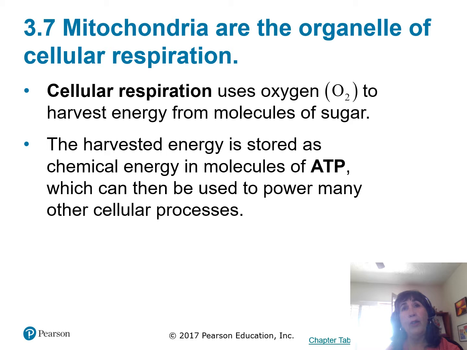The mitochondria is another special organelle, and it is used for cellular respiration. In this case, cellular respiration uses oxygen to harvest energy from molecules of sugar. So this energy then is converted into ATP, and this is what powers the cell and gives energy for all of the chemical reactions.